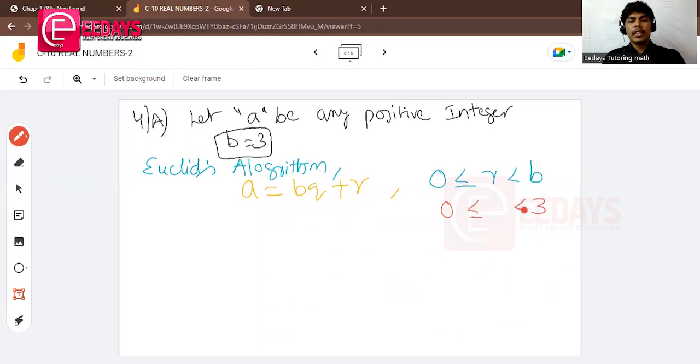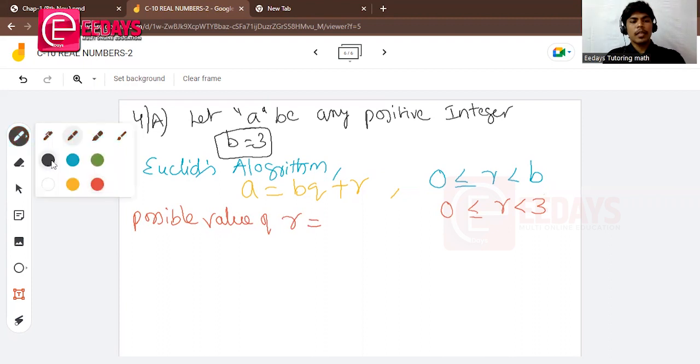In between 0 and 3, we can take R. So now, what are the possible values of R? Observe carefully, in between 0 and 3. On the number line, between 0 and 3, what numbers do we have? 0, 1, 2. Right? I hope everyone understood.